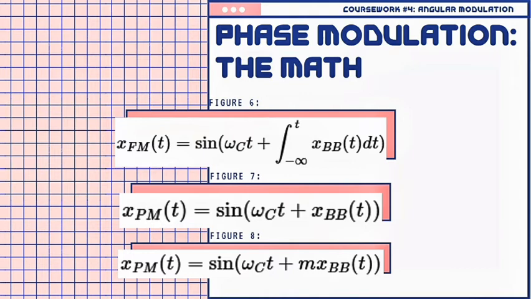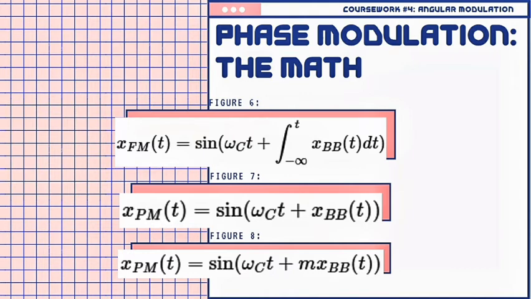The similarity between phase modulation and frequency modulation becomes clear if you consider a single frequency baseband signal. Let's say that xBB(t) equals sin(ωBB t). The integral of sine is negative cosine. In other words, the integral is simply a time-shifted version of the original signal.